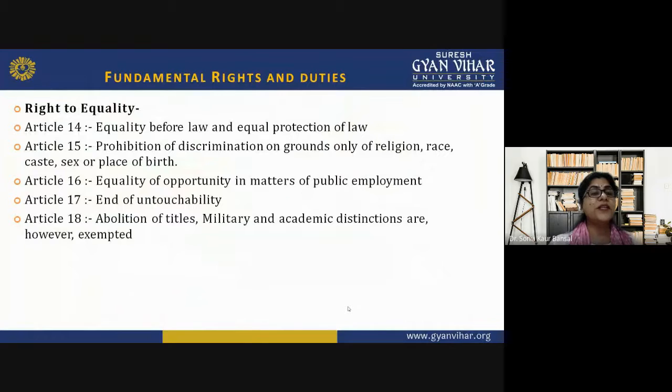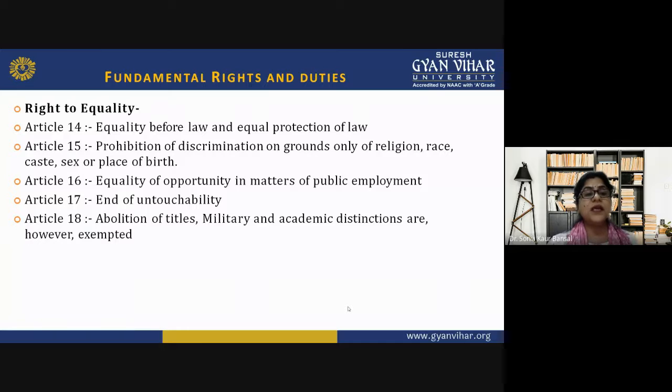So first of all, right to equality. Students, the right to equality is covered in constitutional Articles 14 to 18. Article 14 is related to equality before law and equal protection of law. Article 15 is related to prohibition of discrimination on grounds only of religion, race, caste, sex, or place of birth.